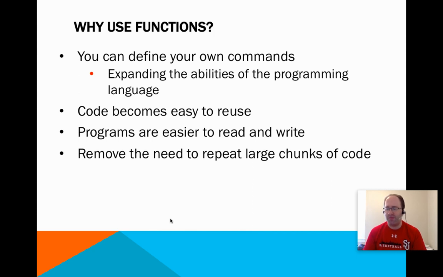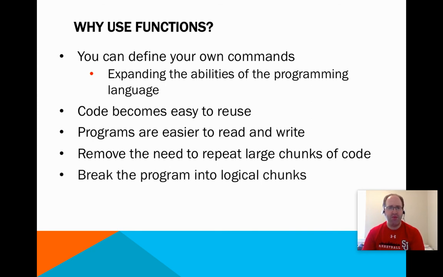You remove the need to repeat large chunks of code. It kind of just makes the coding and the programming itself more efficient, and it breaks the program down into logical chunks. What are the major building blocks that put together this code, and could we make functions out of the major building blocks, right?